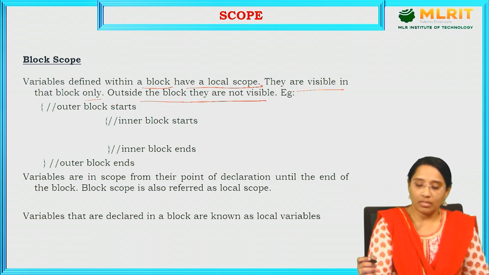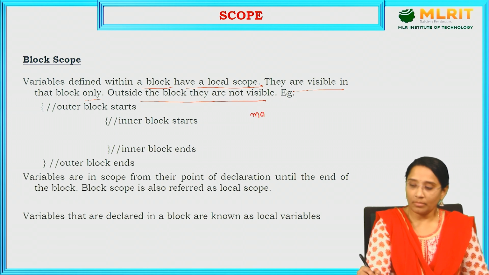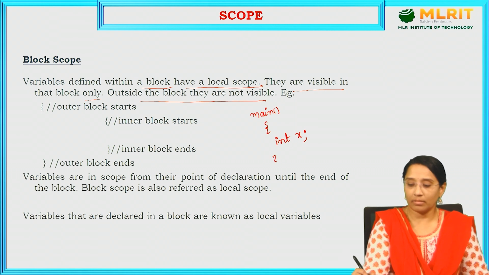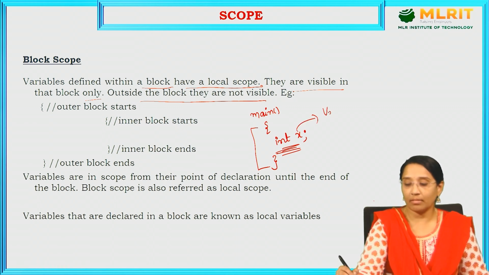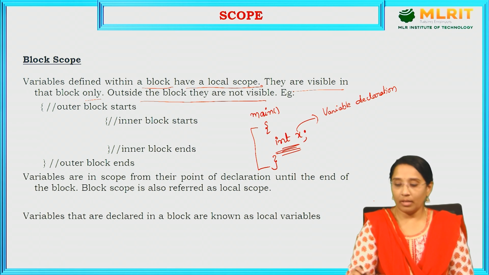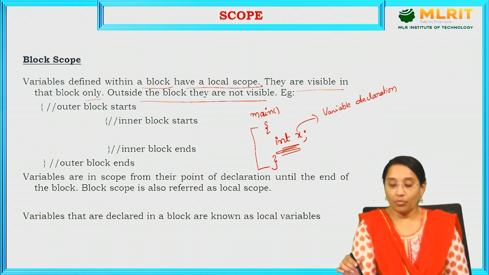Suppose I write a statement like this, with some statements written inside. This is the main function and inside the main function I have declared one variable x. What is the lifetime of this variable x in the memory?